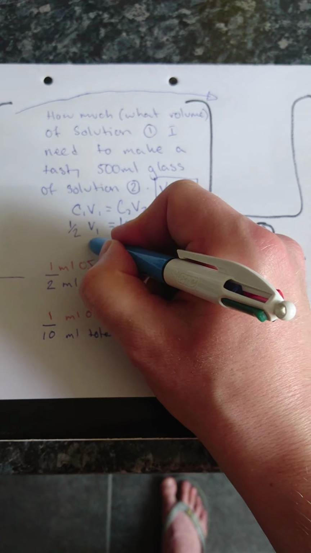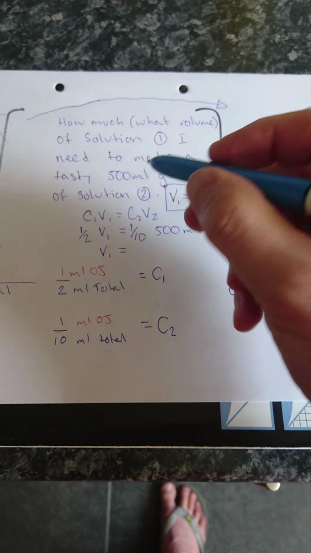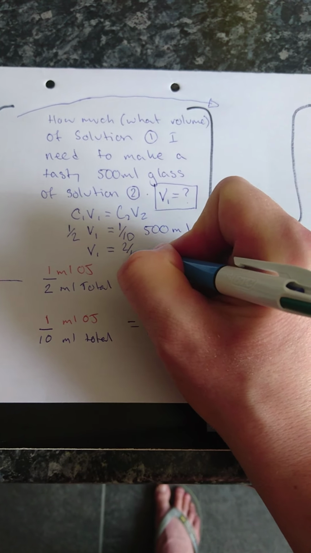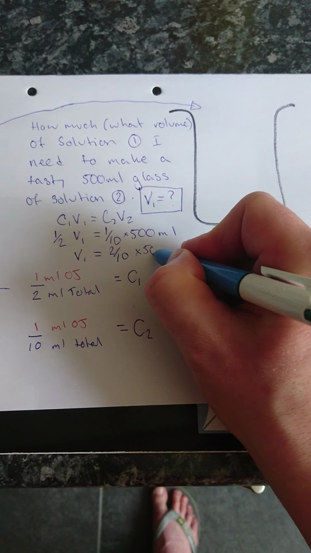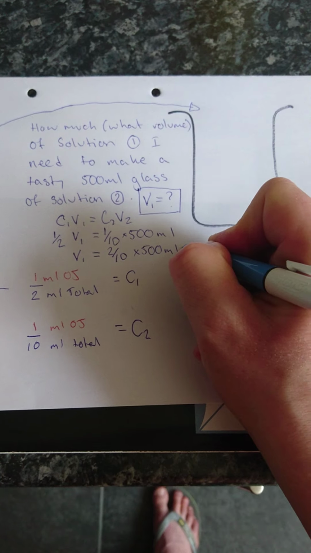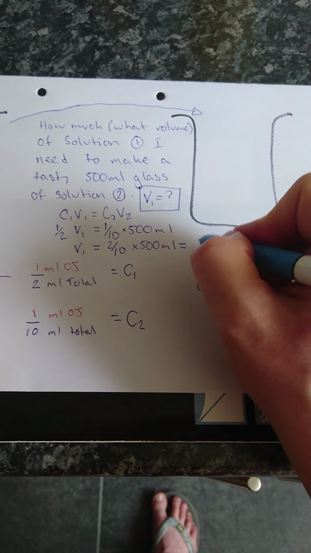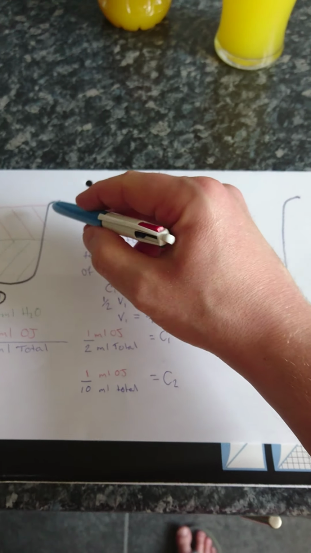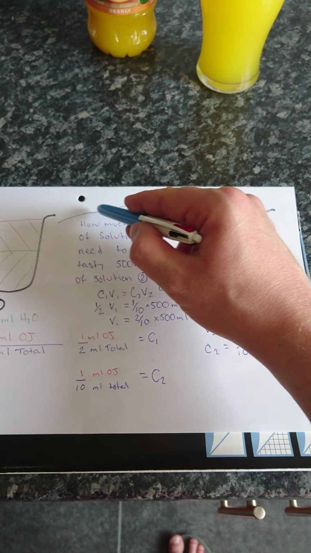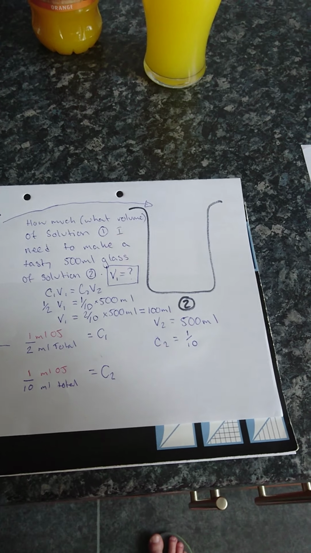We can rearrange to get 2/10 times 500 millilitres, which gives us 100 millilitres.